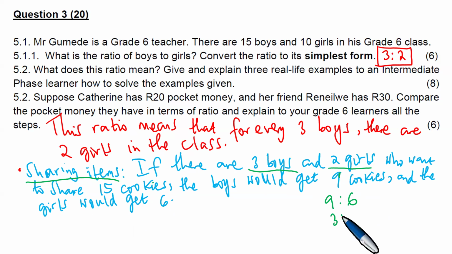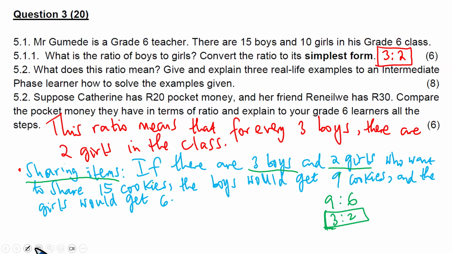Divide by 3, you get 3. Divide by 3, you get 2. So the 3:2 ratio. Okay, so each example should end up as a ratio of 3:2. Well done. And we have also explained how to solve the problem.